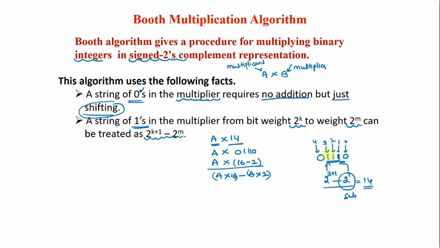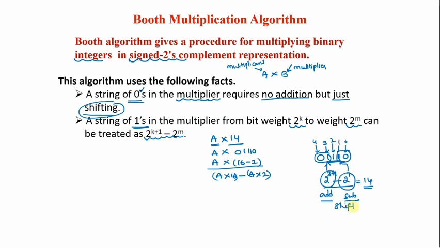Whenever you find the last one, the most significant one in the string of ones, you perform addition of the multiplicand with the partial product. So whenever you see 1 0, you perform a subtraction; whenever you see 0 1, you perform addition; and wherever there is a string of ones or a string of zeros, you perform only a shift.